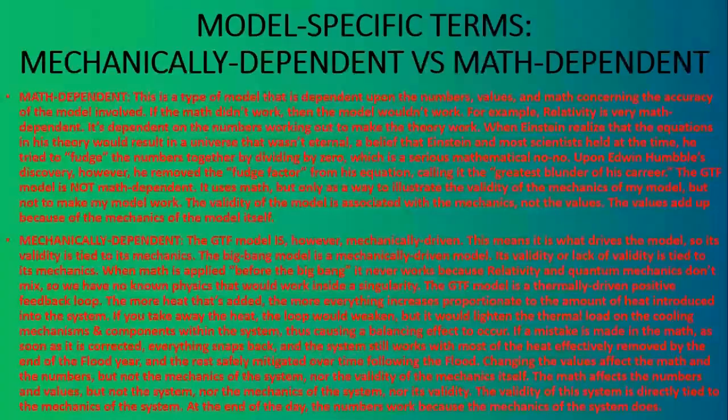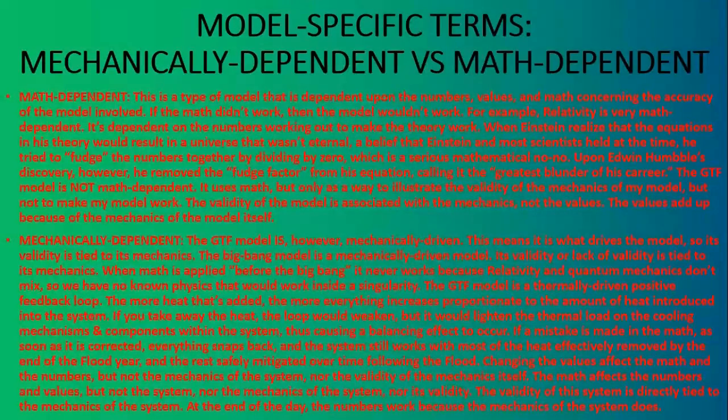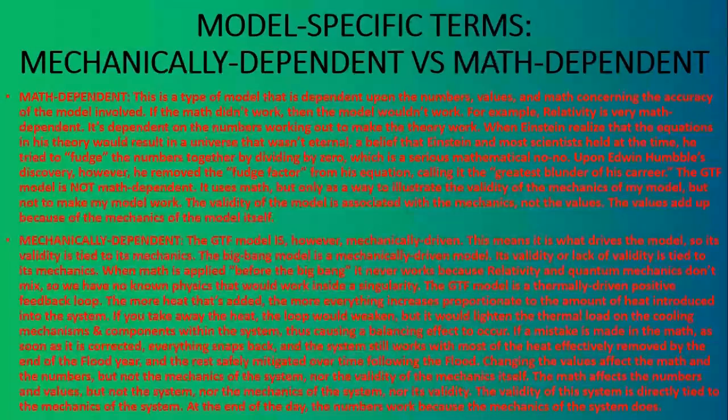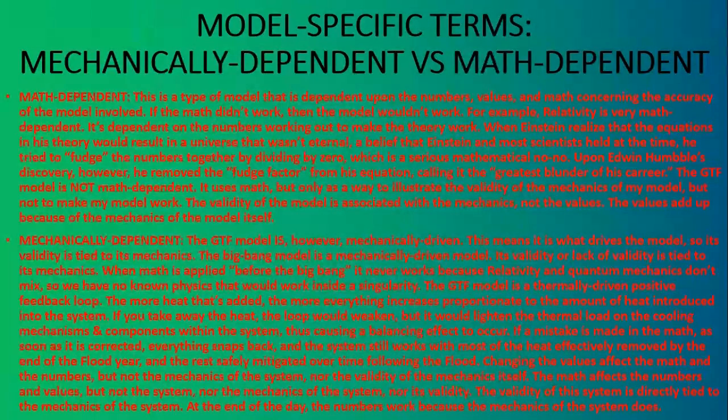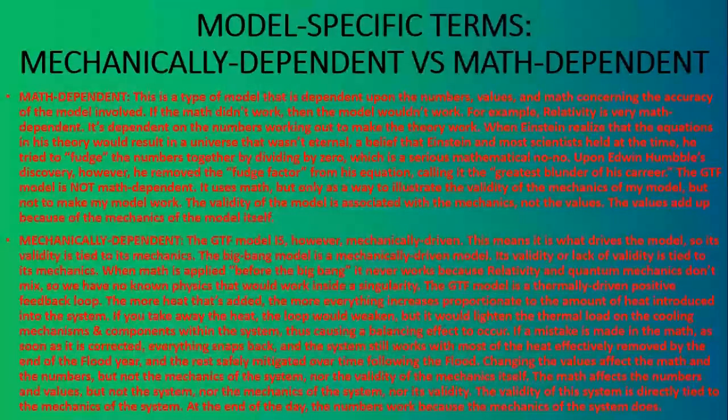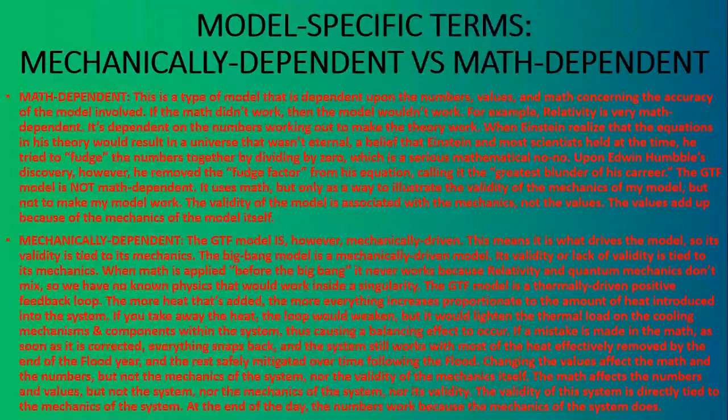Upon Edwin Hubble's discovery, however, he removed the "fudge factor" from his equations, calling it the greatest blunder of his career. The GTF model is not math dependent. It uses math, but only as a way to illustrate the validity of the mechanics of my model, not to make my model work. The validity of the model is associated with the mechanics, not the values. The values add up because of the mechanics of the model itself.